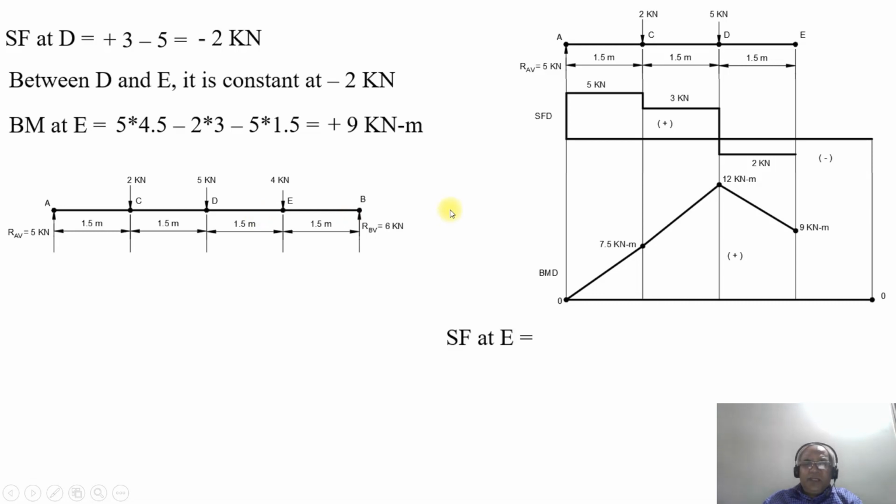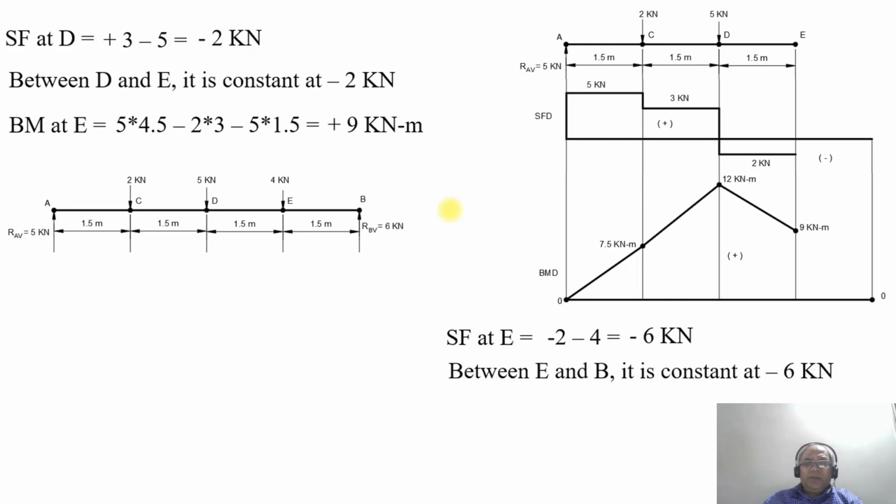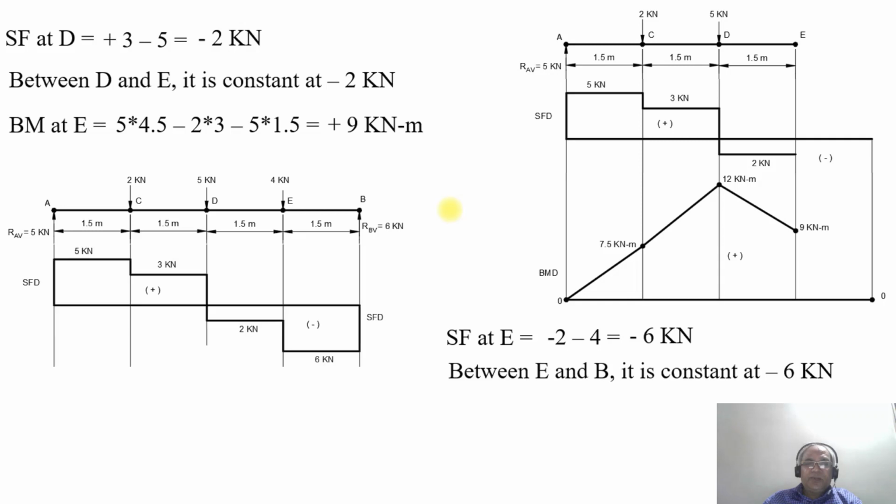What will be the shear force at the point E now? Shear force at the point E will be equal to minus 2 minus 4, which is minus 6 kilonewton. Between E and B, it remains constant as there is no load acting on the beam, so it remains the same at minus 6 kilonewton.